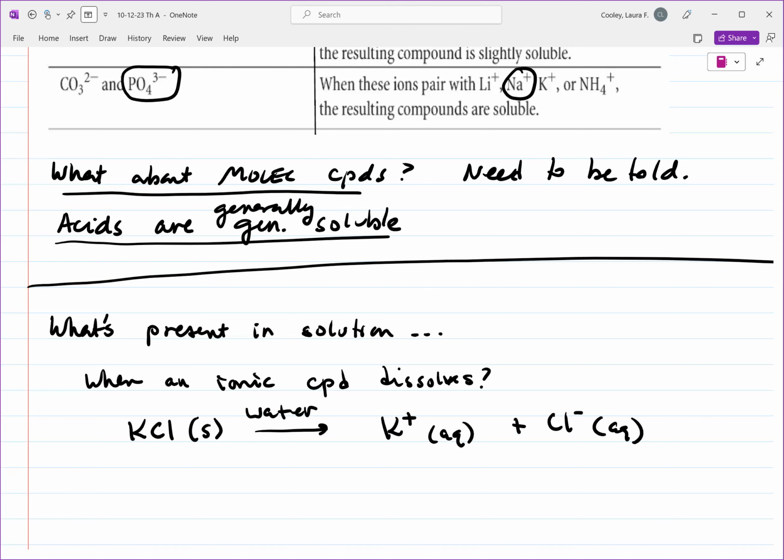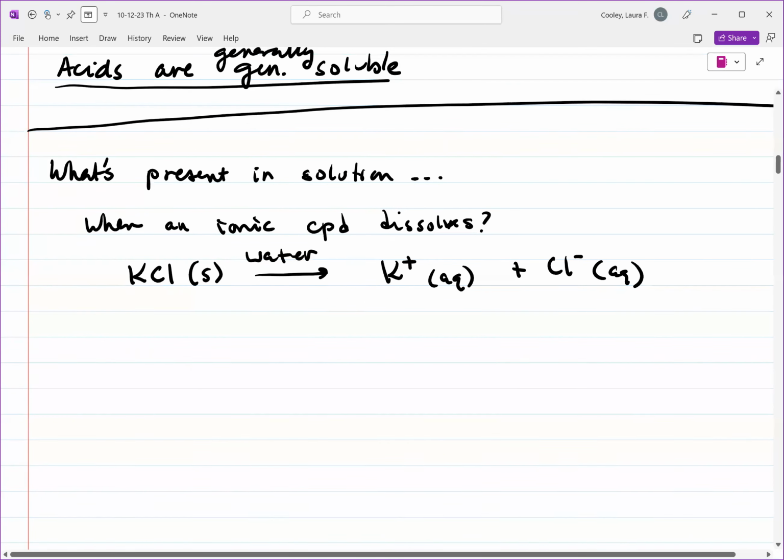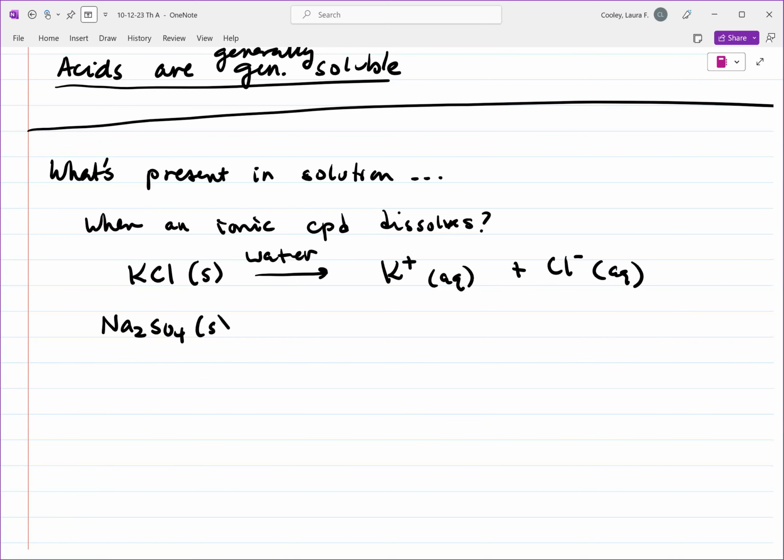It breaks into ions. If you put solid sodium sulfate into water, you'd get sodium ions, two of them for every formula unit of sodium sulfate, and sulfate ions.